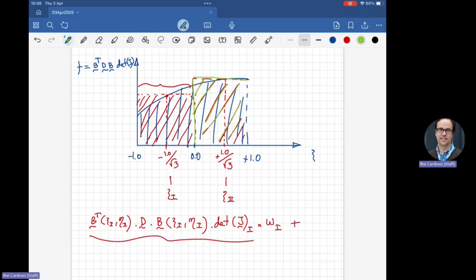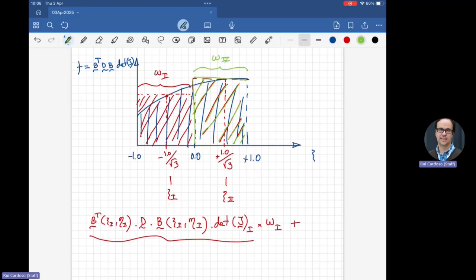So my integration point number 1 is the one in red, my integration point number 2. So this is my W I. This is going to be my W double I.